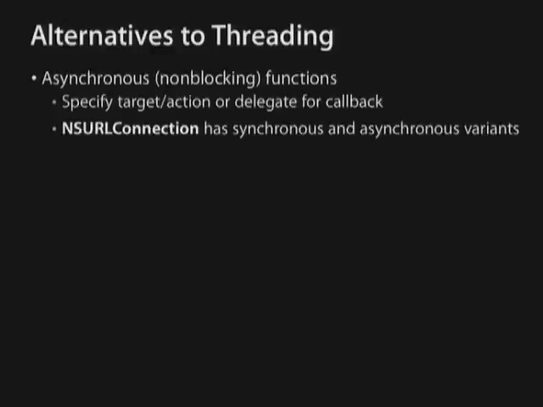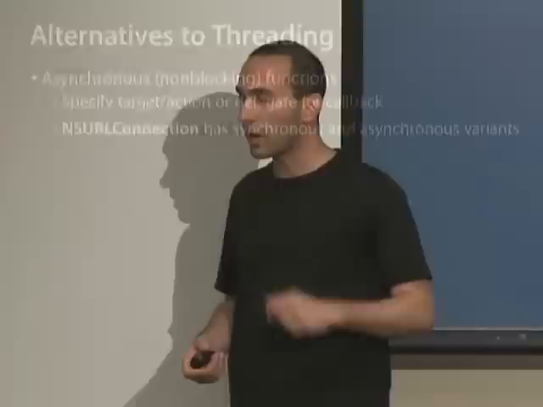If you look at NSURLConnection, it allows you to hit a website, send a URL, and wait for data back by setting a target and a selector, target and an action, which you should be familiar with from Interface Builder programming. So basically, you set the URL that you want it to fetch from, and then you tell it to call this object back with this method, and all the threading's under the hood. So that's one case where this could be a lot easier.